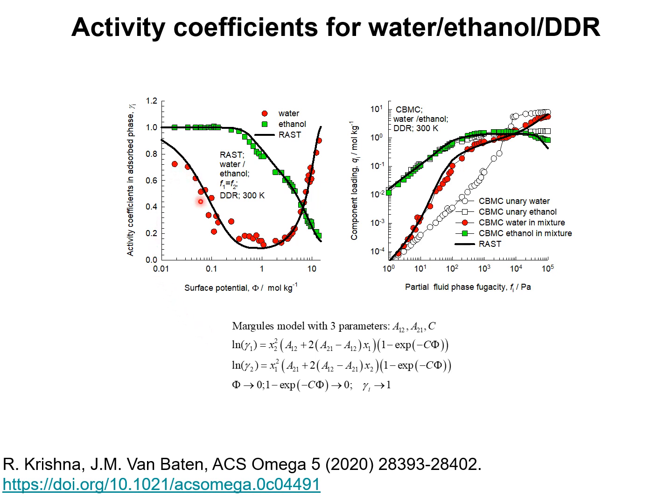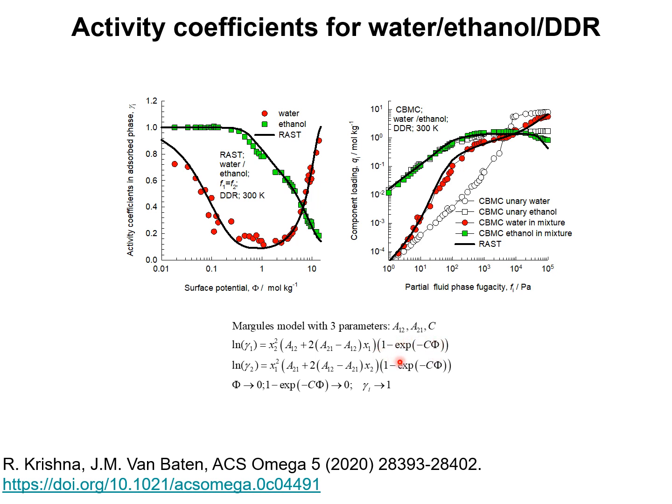The continuous solid lines are the parameters of a model for the activity coefficients. Specifically, we use here the Margules model with 3 parameters, A12, A21, and C. Particular attention needs to be paid to the incorporation of the factor 1 minus exponent minus C times phi.